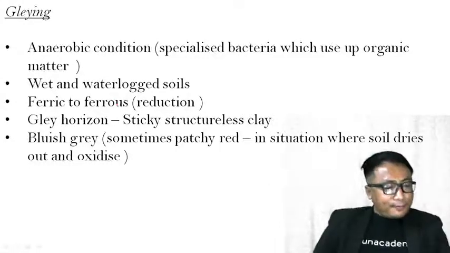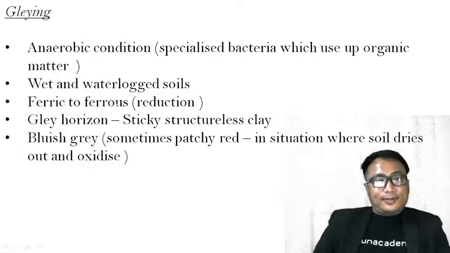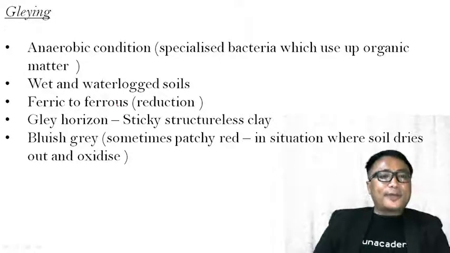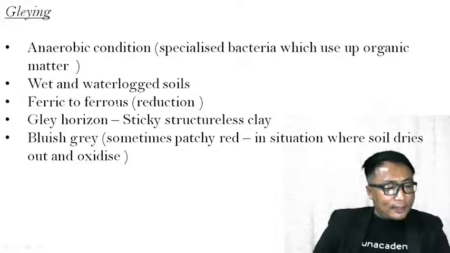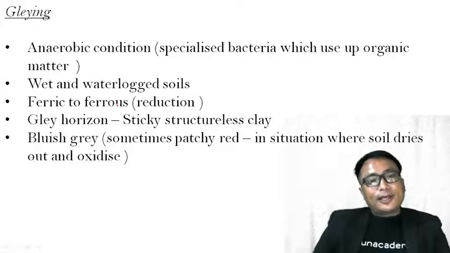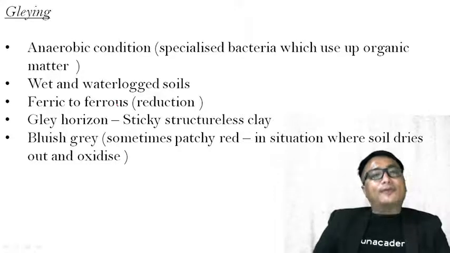Now, in anaerobic condition, where you don't have sufficient air circulation or are deficient in oxygen. Aerobic condition is where you have sufficient oxygen. Anaerobic condition will be seen in a place that is very wet or waterlogged soil.